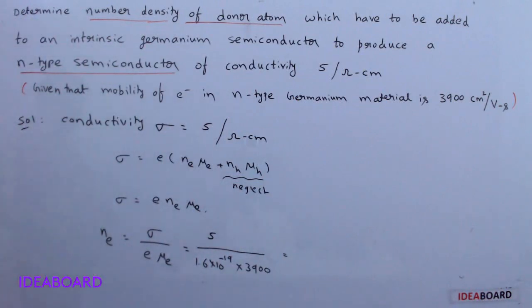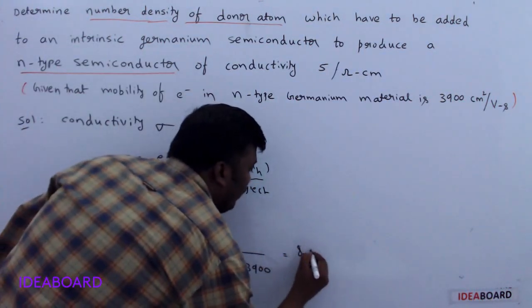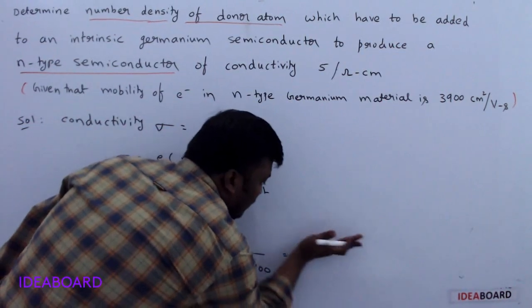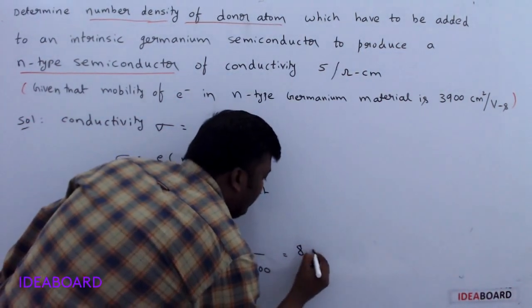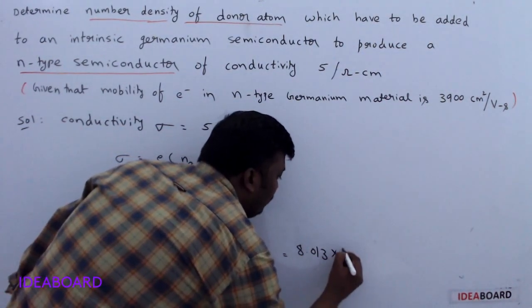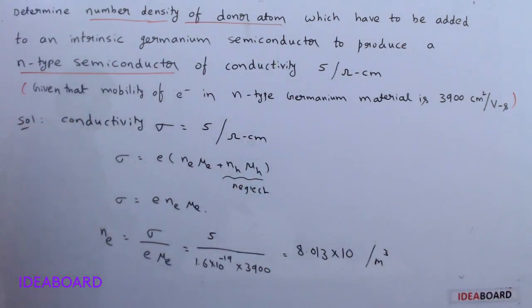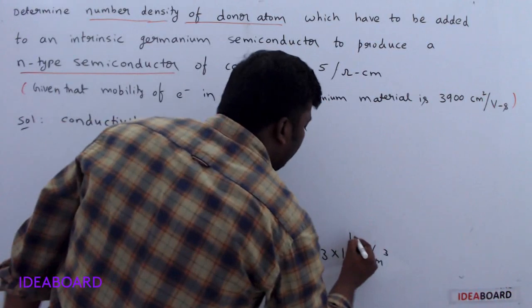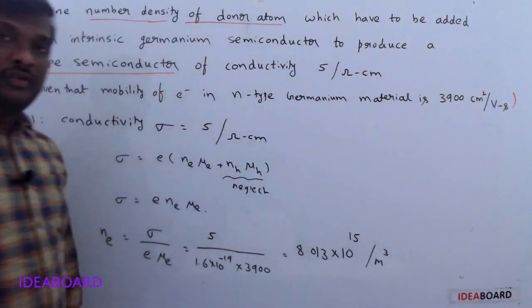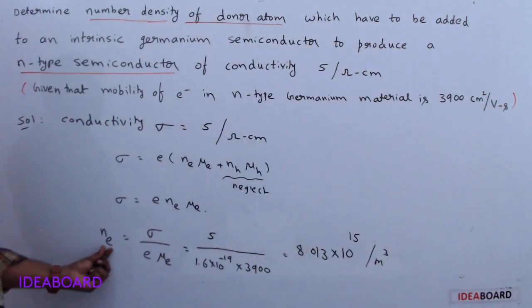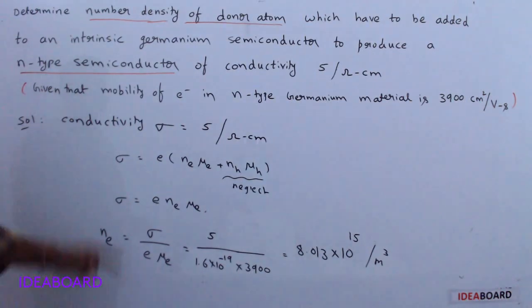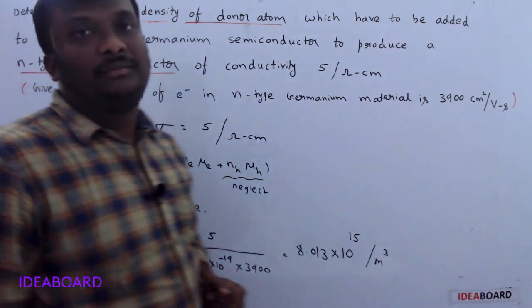So if you substitute these values, we can get the value of Ne. If you calculate, you got 8.013 into 10 power 15. So this is the electron concentration in the n-type semiconductor.